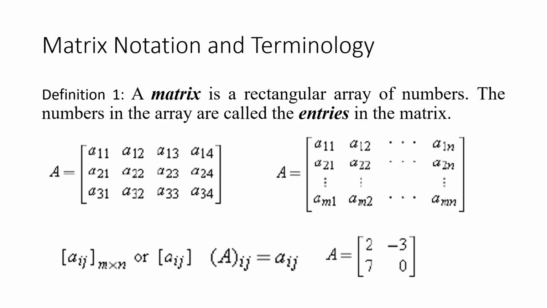A matrix with only one column is called a column vector or column matrix, and a matrix with only one row is called a row vector or a row matrix. For example, a 2 by 1 matrix is called a column vector, and a 1 by 4 matrix is called a row vector. And a 1 by 1 matrix is both a row vector and a column vector.